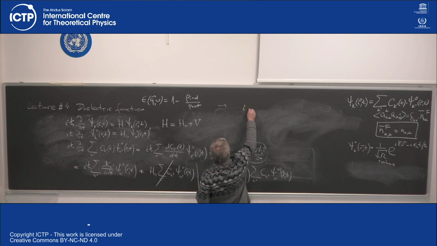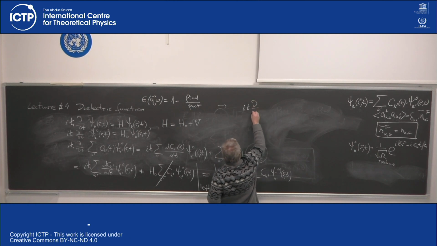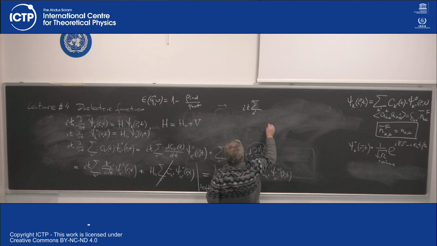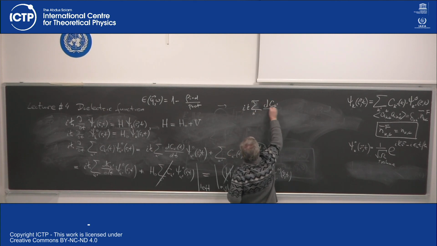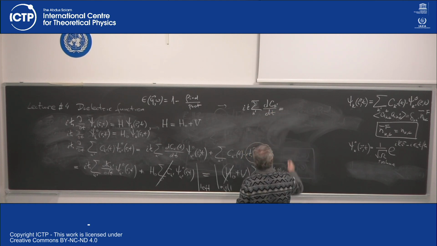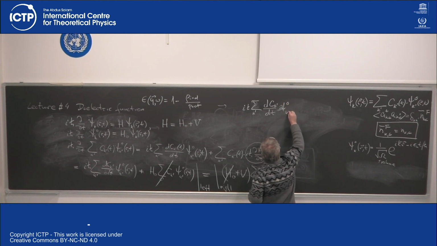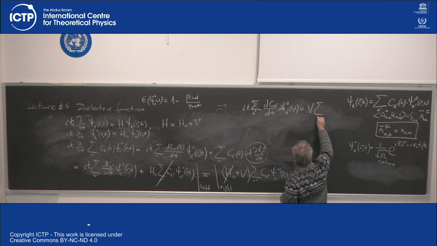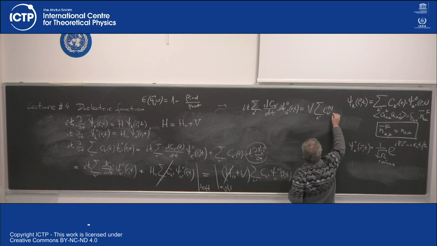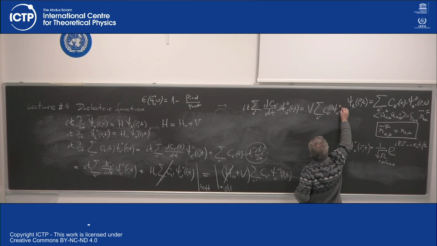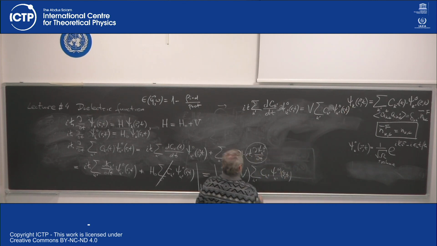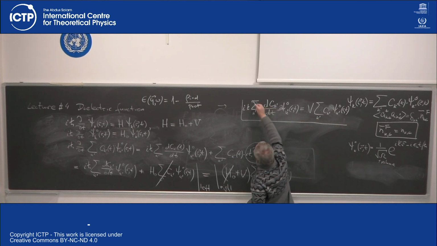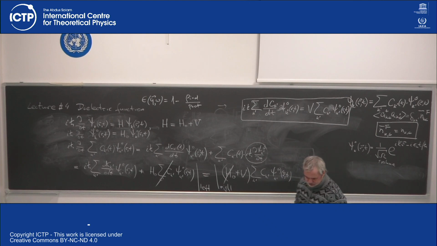As a result, I have the Schrödinger equation: i h bar sum over k prime of dc_k'/dt psi_k'^0(r,t) is equal to V times the sum over k prime of c_k' psi_k'^0(r,t). This is the exact Schrödinger equation. I did not yet make any approximation. Is it clear what I did? I will tell you when approximations start.